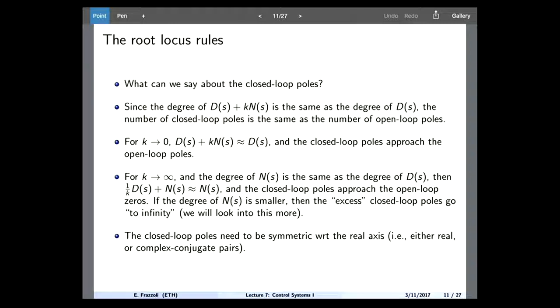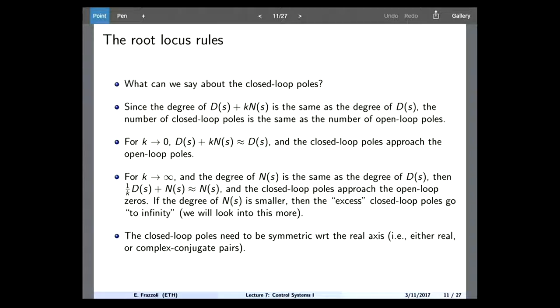So essentially, when k is 0, the closed loop poles are the same as the open loop poles. As you increase k, the closed loop poles will approach the open loop zeros. We'll do a lot of examples.